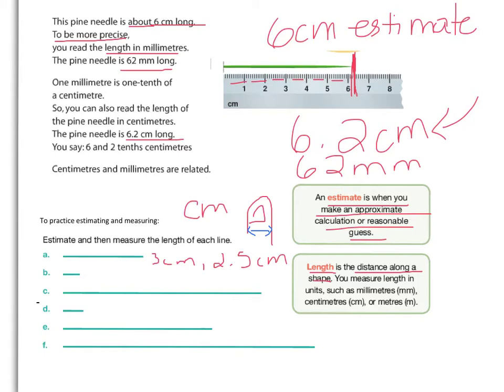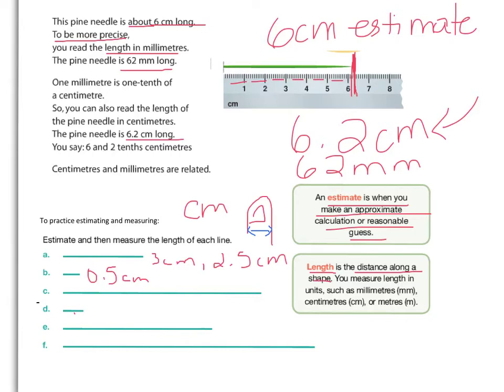So I'm going to go 0.5 of a pinky for my estimate. And then for the actual, it is actually 0.5 centimeters. Those would both be the same.